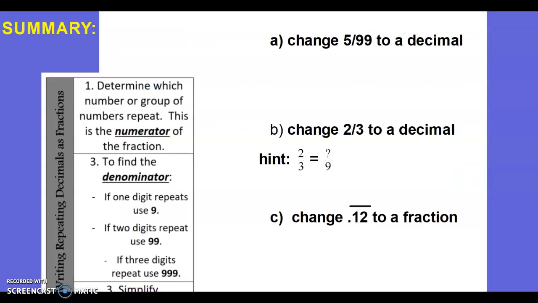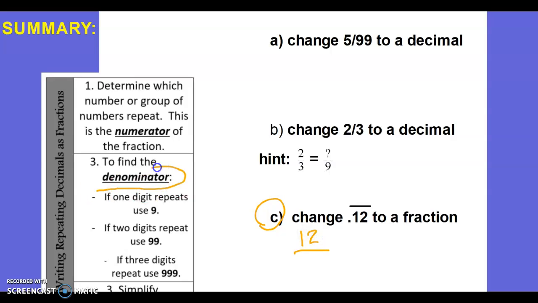If you want to change a repeating decimal into a fraction, let's look at letter C down here at the bottom. We can follow the steps on this page. First, we look at what is repeating. That is going to go in our numerator. In 0.12, I have 2 numbers that are repeating, so I put that 12, the 1 and the 2, in the numerator.